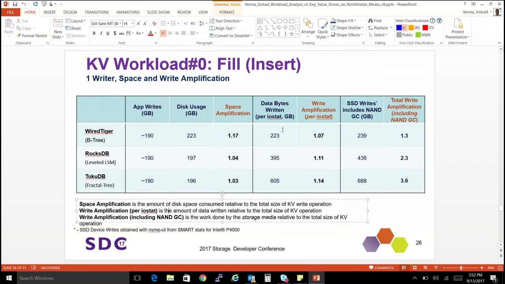Data bytes written on the device versus what my application did, which is the first column, right? So 190 gig. Yeah, so you are talking about the TokuDB case here. Compared more to the last column.